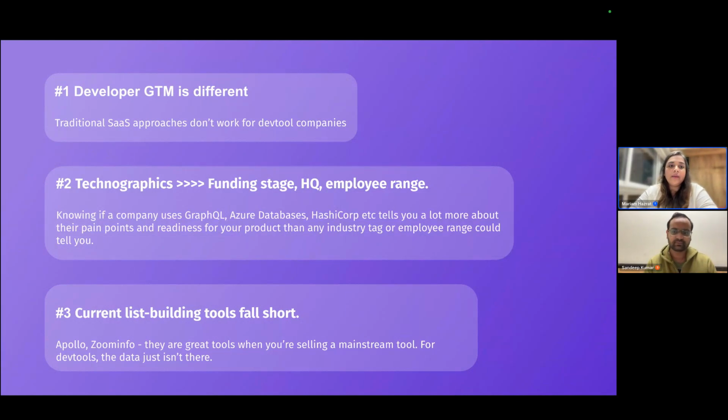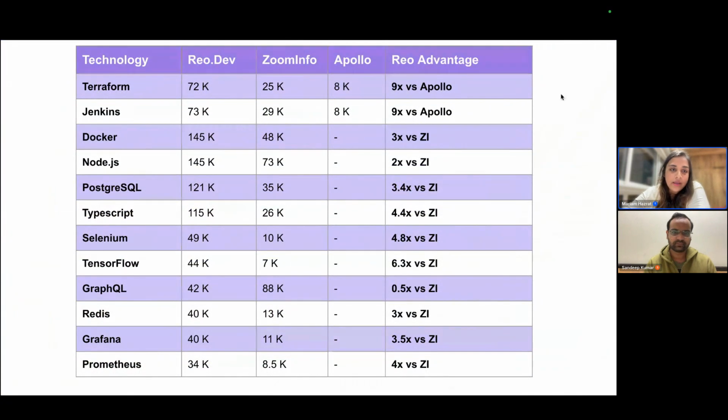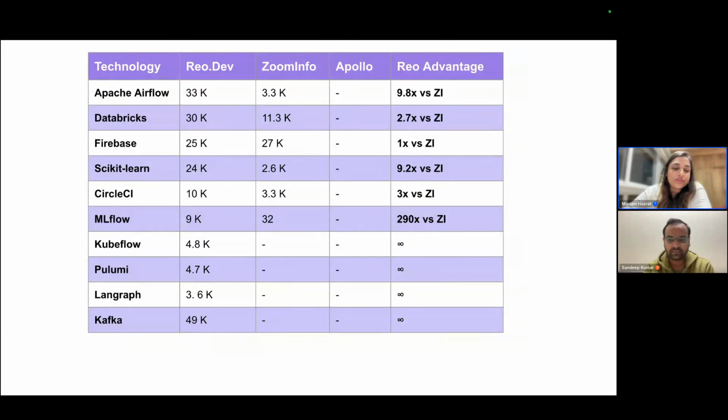In fact, we did a head-on comparison of data on ZoomInfo and Apollo, and what we realized is that they do cover the broader technologies, but in terms of volume, it's not as much. And as you go deeper into the technologies, if you look at MLflow, Kubeflow, Pulumi, LangGraph, Kafka, the data is just not out there.